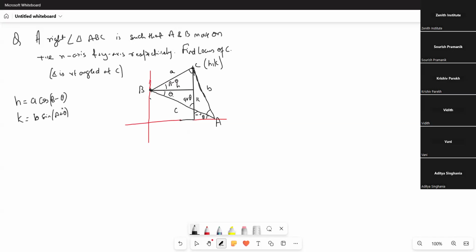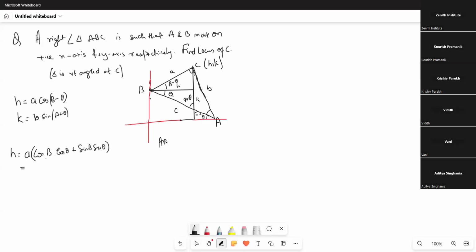Now we have to simplify a bit. We have to eliminate theta in this. So h would be a cos of A minus B, which is a times cos A cos B plus sin A sin B. What can we say would be the value of cos B in the triangle?